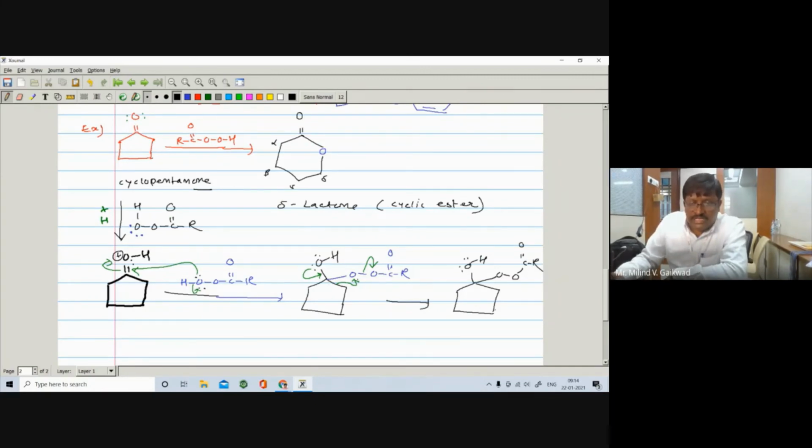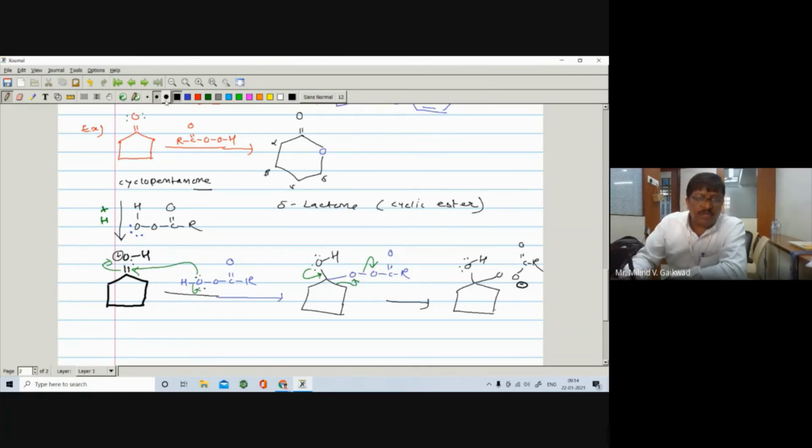Now this sigma bond opens here, which means O becomes negative. Just I will write here O negative, meaning this bond is open. Oxygen becomes positive, right? As it opens, there is a formation of O negative. At the same time, this oxygen becomes positive.